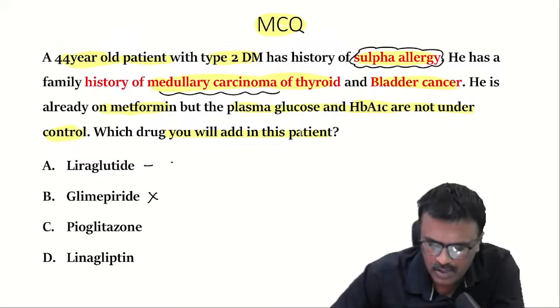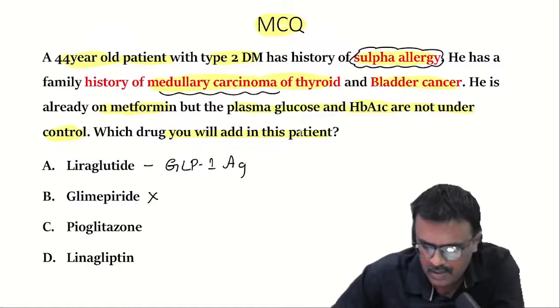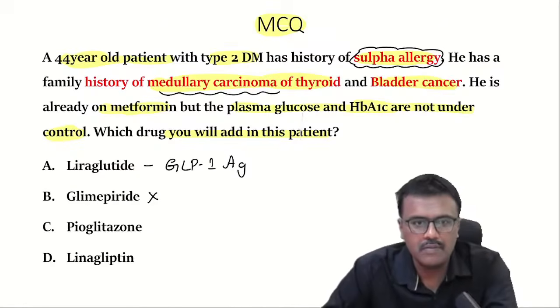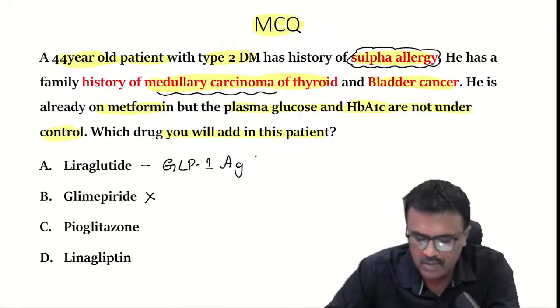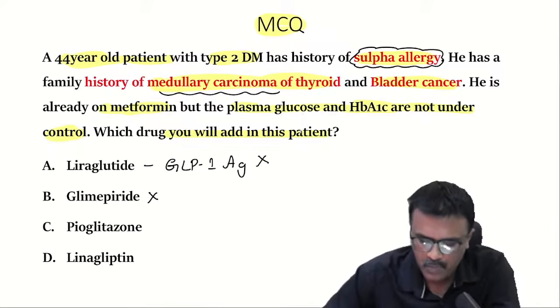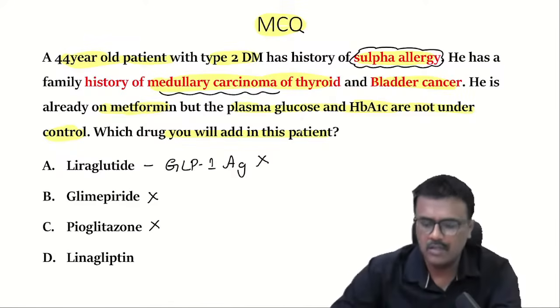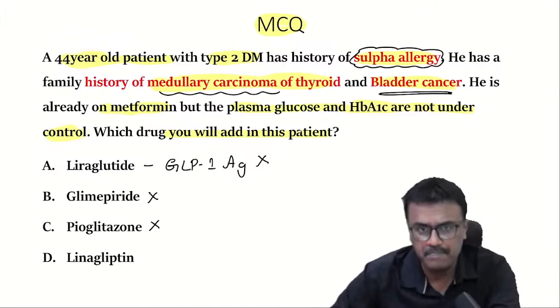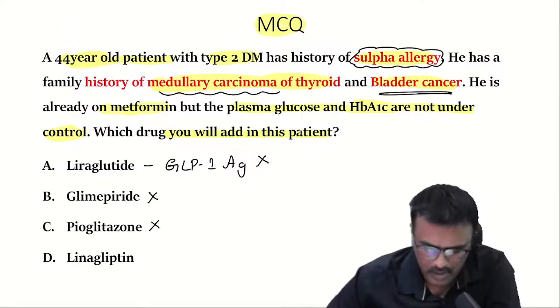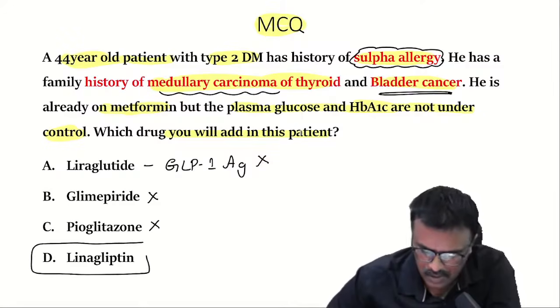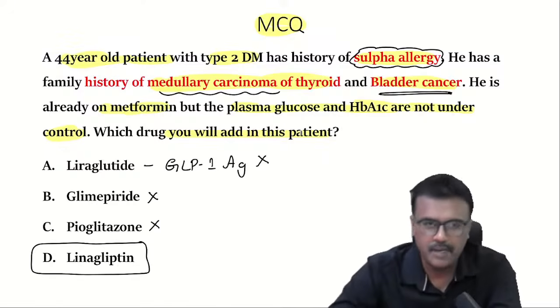Liraglutide is a GLP-1 agonist, and these are also known to increase the risk of medullary carcinoma of thyroid. This is also ruled out. Now, pioglitazone I cannot add because there are reports that pioglitazone increases the risk of bladder cancer. So what I can add to this patient is linagliptin.